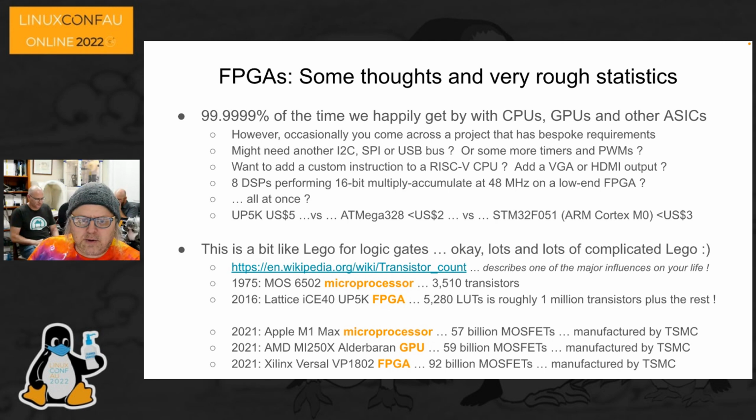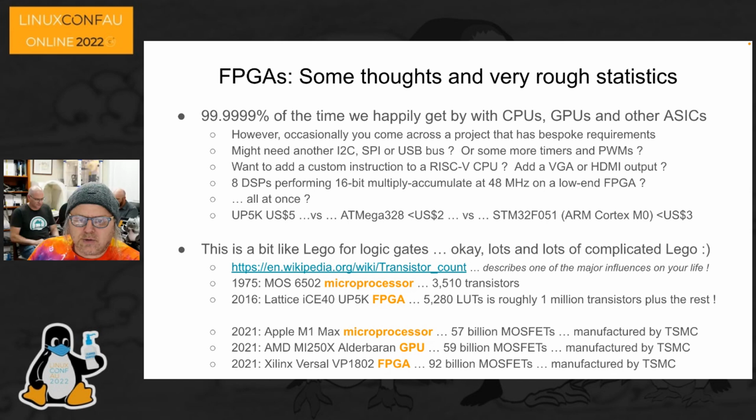These are the sort of things you can do quite easily with an FPGA. Also, if you compare the performance of these small microcontrollers, they all have a similar price, like $5 for the UP5K versus a couple of dollars for an ATmega328, or a bit more for an STM32. Because the FPGA we've chosen has DSP blocks, if you have 8 of those doing 16-bit multiplies at 48 megahertz, that's a lot more horsepower than you get out of an ATmega.